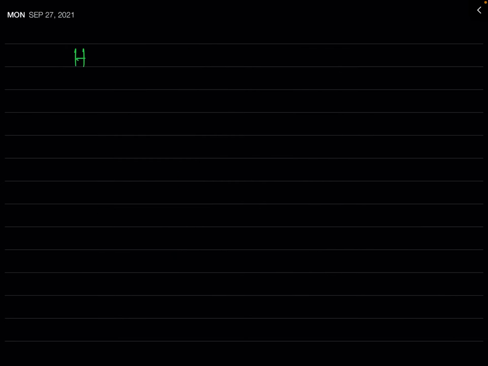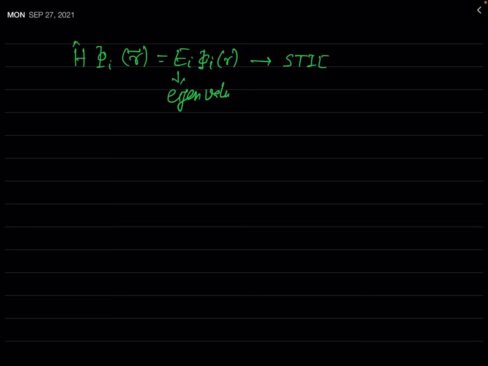So in that condition, you may write H hat phi_i(r) equal to E_i phi_i(r), where E_i is the energy eigenvalue. And this equation is simply the Schrodinger time-independent equation, STIE.